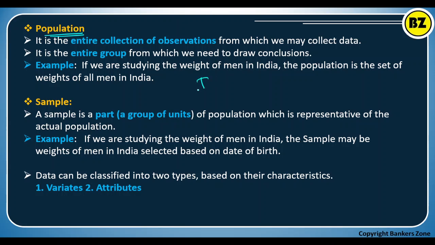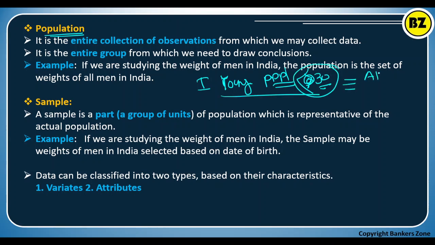Suppose I have to find how many young people in India are less than 30 years old. For that I should consider all the people whose age is under 30. I will not collect a few, I have to consider all. When there is the word all or entire, it is the population.